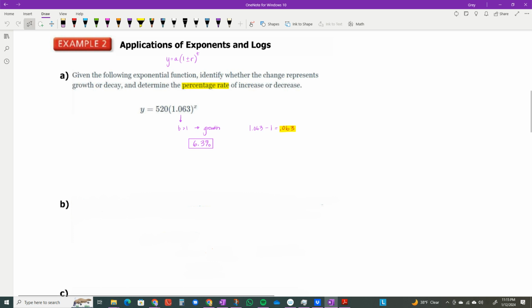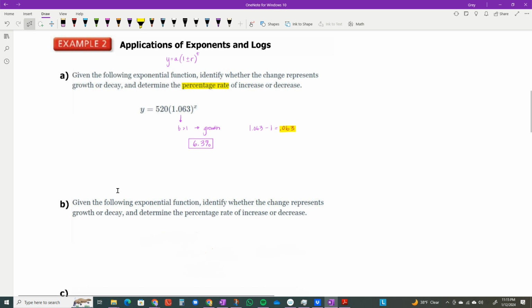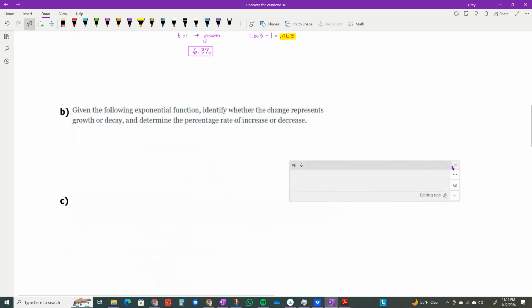Okay. B says, given the following exponential function, identify whether the change represents growth or decay and determine the percentage rate of increase or decrease. So my equation, 720 times 0.23 to the x. Well, my b is the base in parentheses, and that number is clearly less than 1.